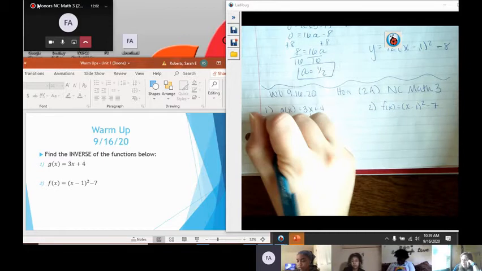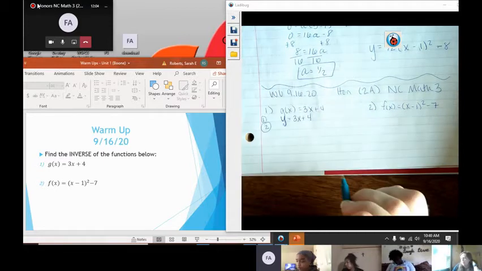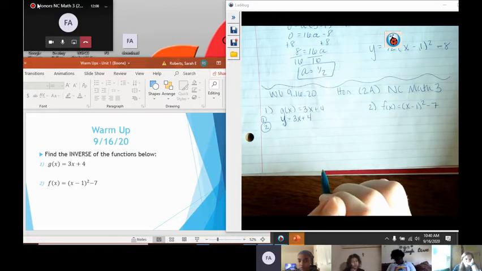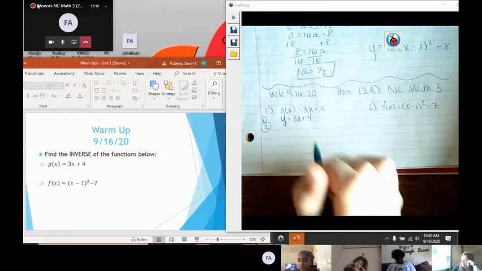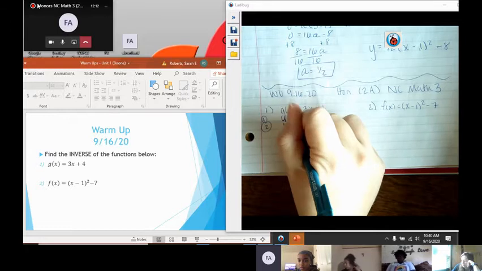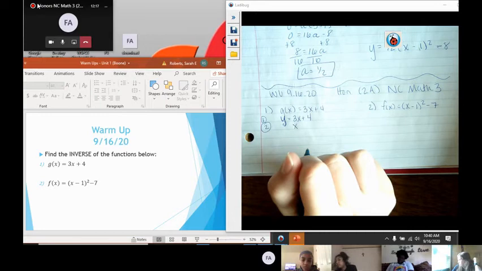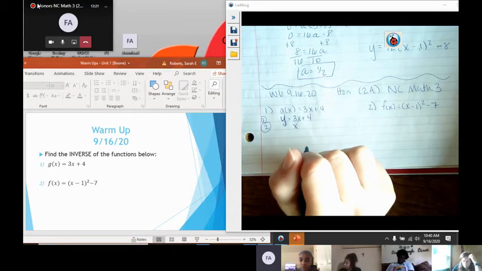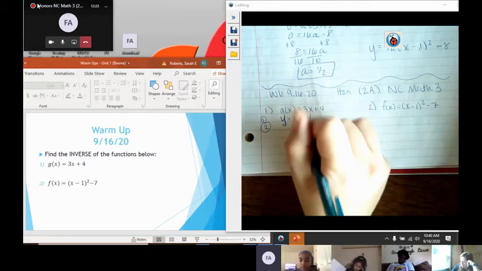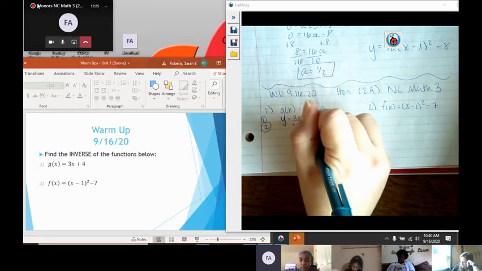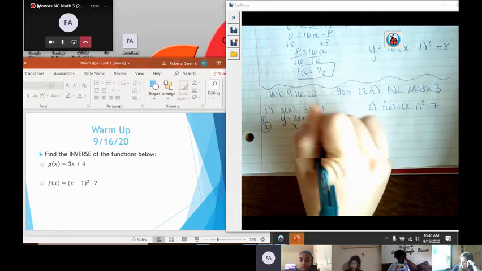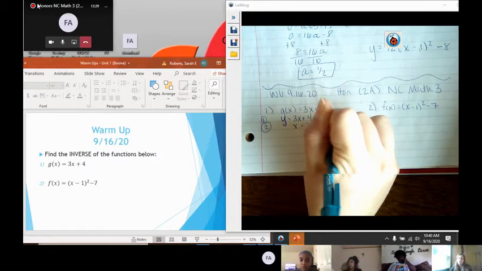What do we do in step 2? You swap it, so instead of y equals x it is x equals 3y plus 4.